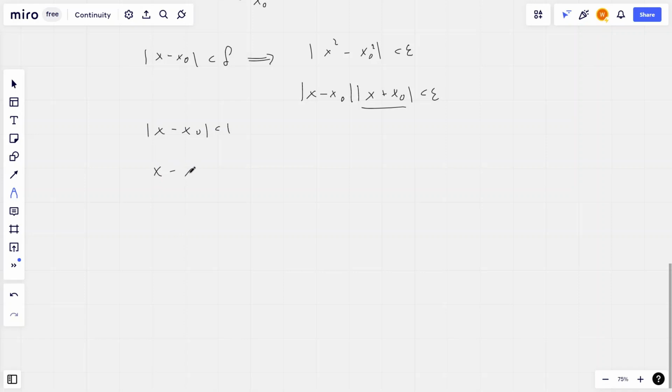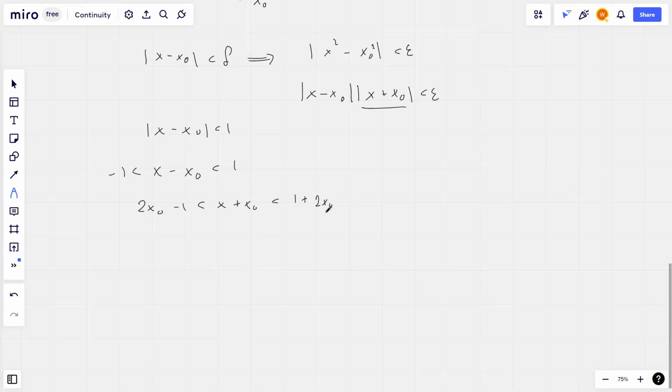So if we have this, we have that x minus x naught is less than 1, and it's between minus 1 and 1. So now we can say that 2x naught minus 1 is less than x plus x naught, which is less than 1 plus 2x naught. Now we're thinking, we can just take the modulus and everything will be fine.